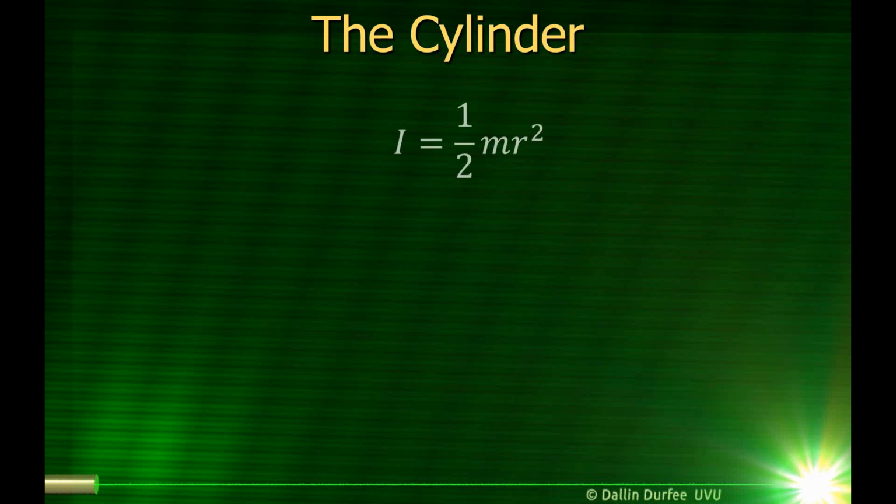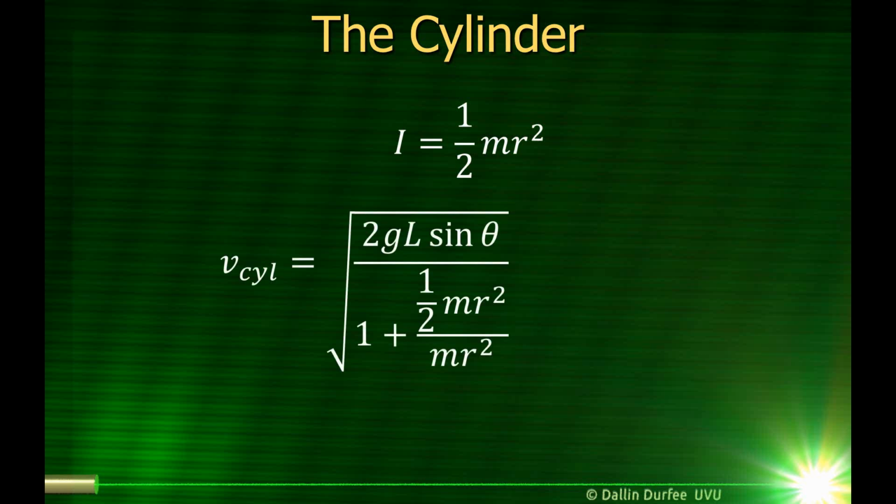All right, what about the cylinder? The moment of inertia for a cylinder rotating about its axis of symmetry is 1/2 mr squared. So we plug that into our formula for the velocity, and when we solve that, we get the square root of 4/3 g L sine theta. So 4/3 is bigger than 1. So it looks like the cylinder is going to be going faster than the ring.